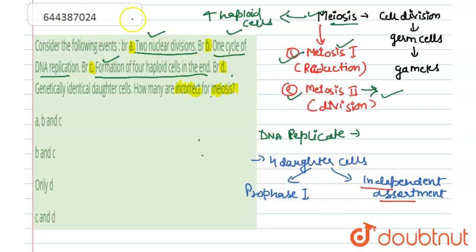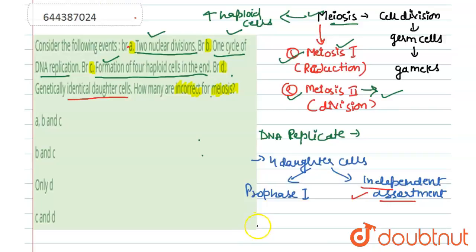But here in the question it is written identical daughter cells. With independent assortment, the genes separate independently from each other, so the resulting 4 daughter cells are genetically different from each other.